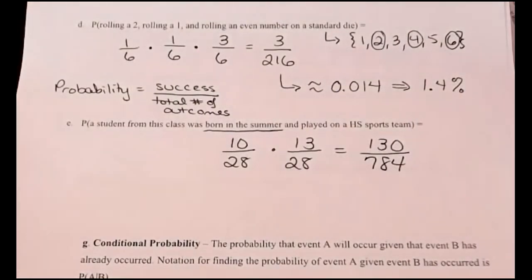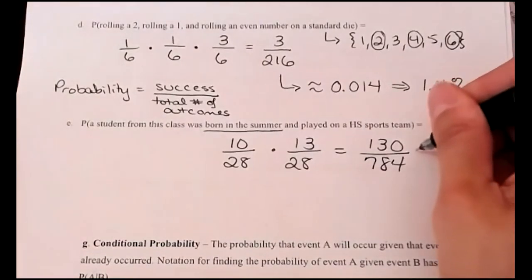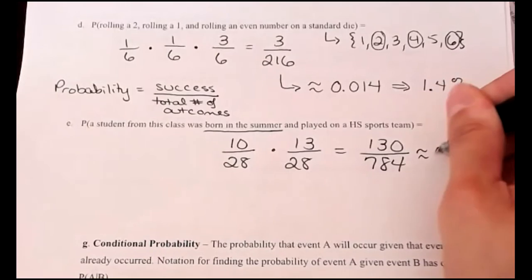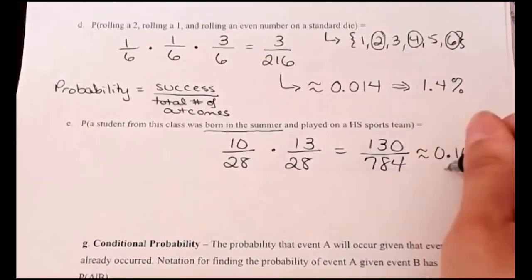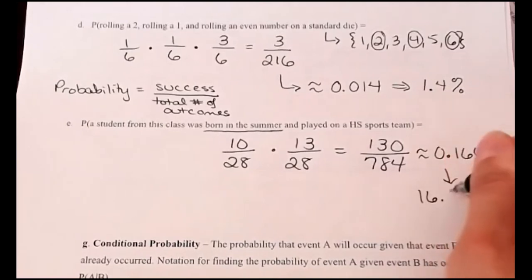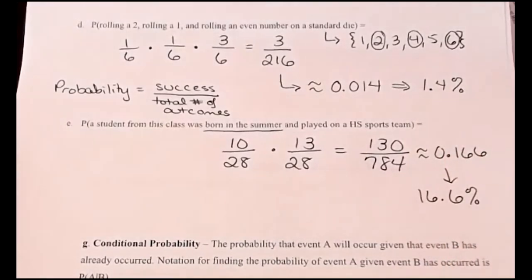If you take your fraction and divide it, round it to the nearest thousandths place, we get 0.166. So that means there is a 16.6% chance that someone from this class was born in the summer and played on a high school sports team.